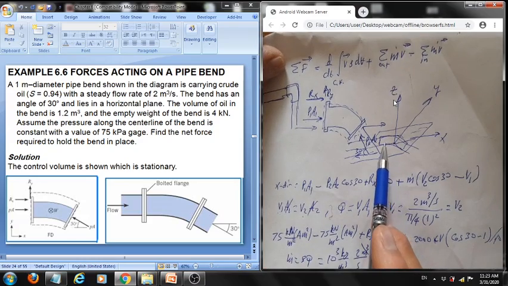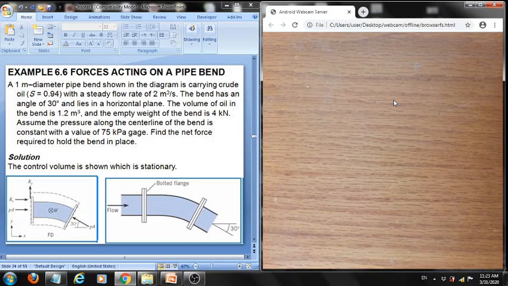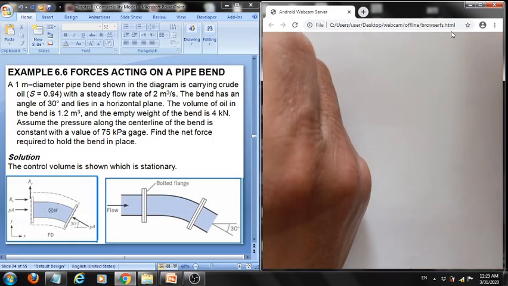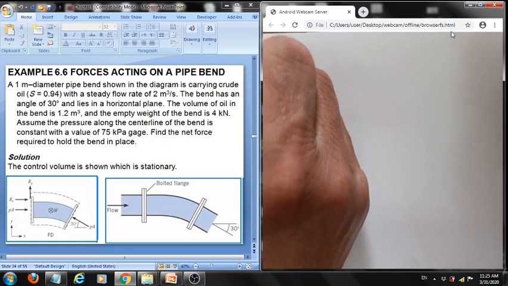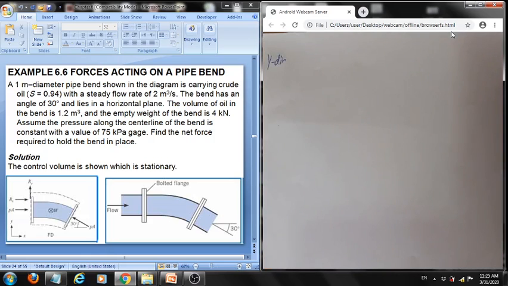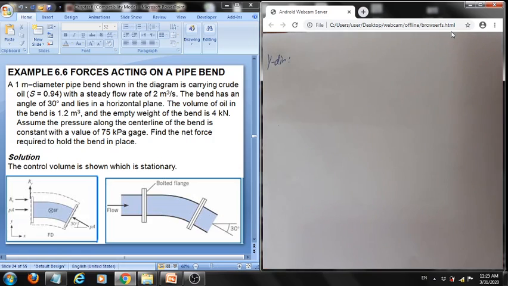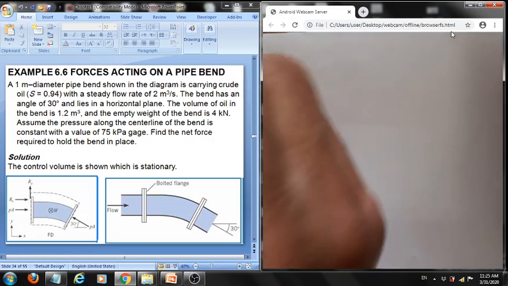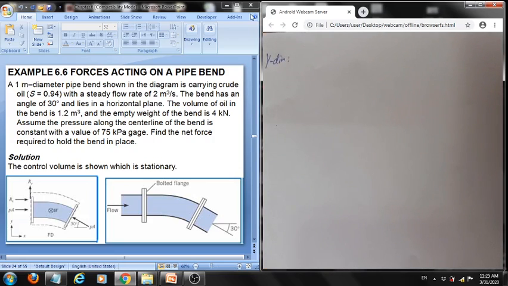Similarly, we can apply it in the y direction. Application of the momentum equation in the y direction. Again, what are the forces acting on the control volume in the y direction? We have at the inlet Ry.